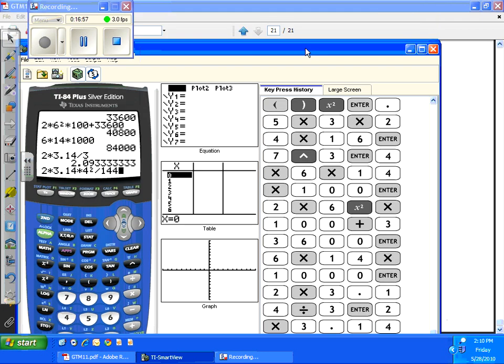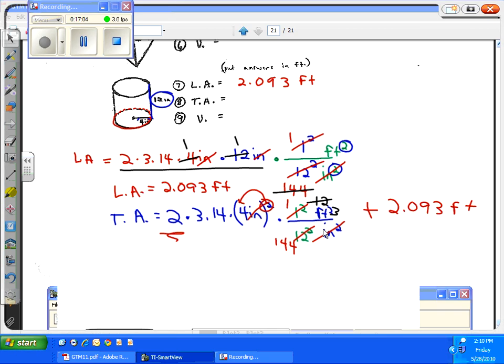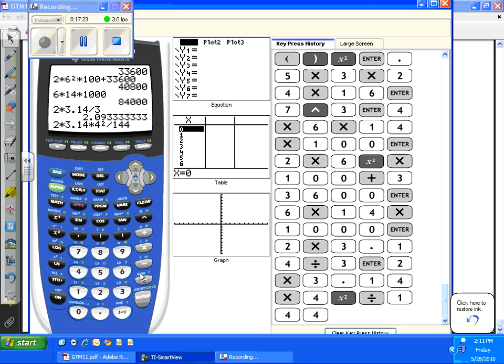Now, that is the area of the top and bottom. It's in feet. That's square feet. There should be a square on there. And so then we're going to add the lateral area, 2.093.